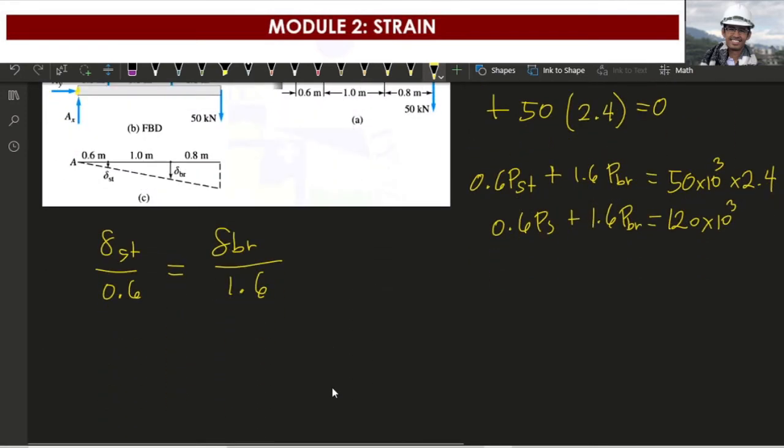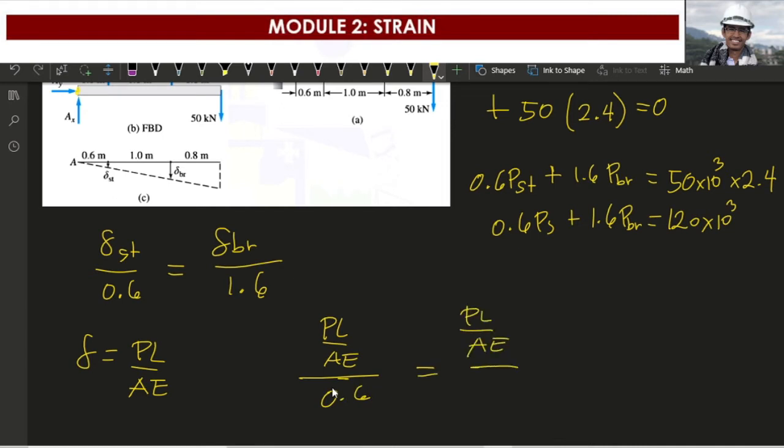So sabi natin the deformation is equal to PL over AE, okay? So pwede nating i-substitute yung PL over AE sa ating stress. So that will be equal to PL over AE over 1.6.